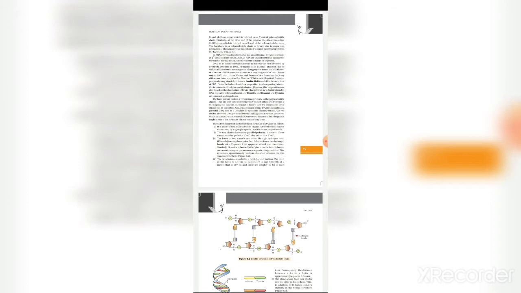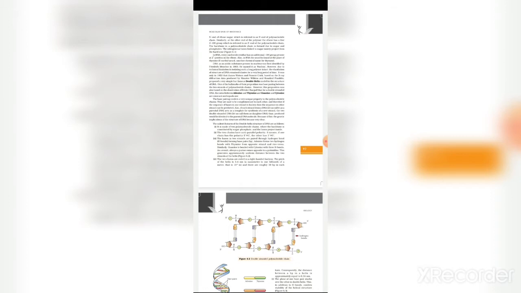Now, the two chains are coiled in a right-handed fashion. It is like the wire of a landline phone. If you fold the wire of the landline phone to your right side, it will form one strand of the DNA.